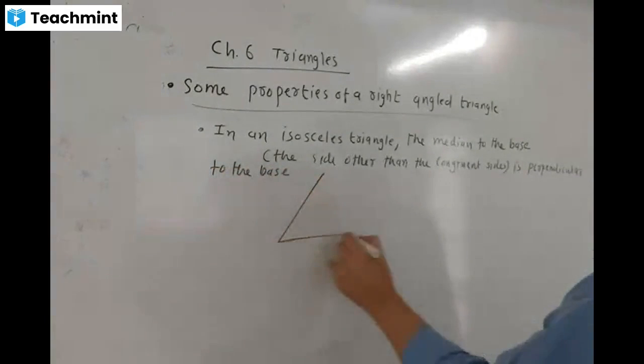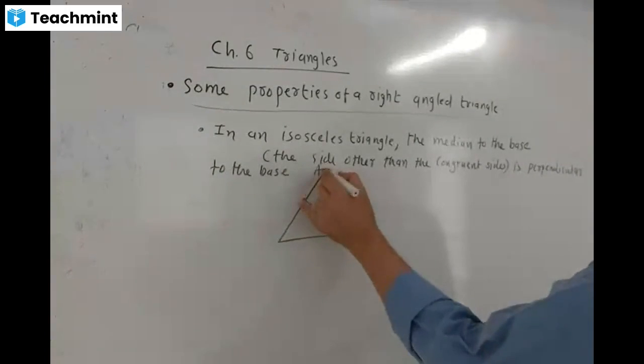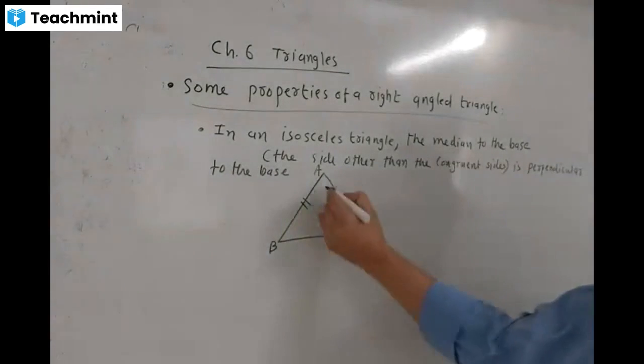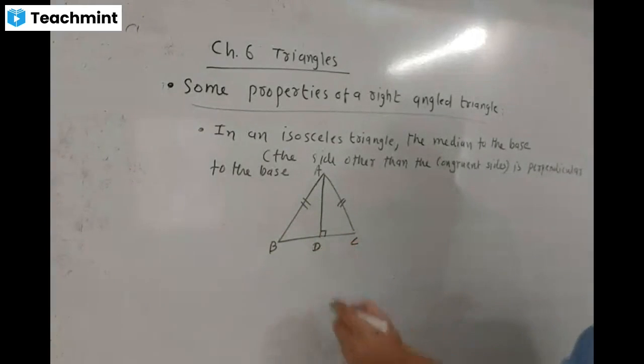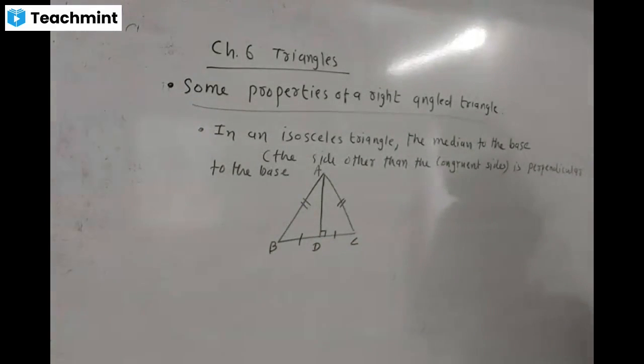Suppose in triangle ABC, these two sides are equal, AB and AC are equal. In an isosceles triangle, AB and AC are equal. The other side is BC, and AD is perpendicular to BC, and AD is perpendicular bisector of BC.